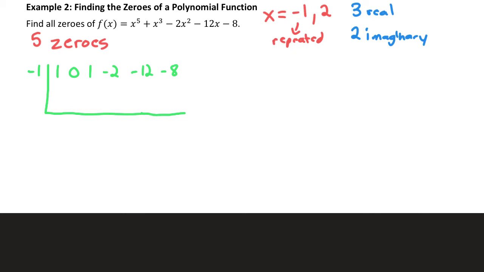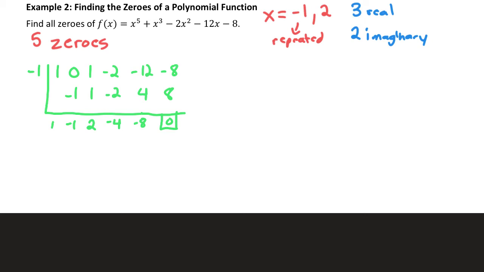So I'm starting with -1, and I'm going to run through that synthetic division. The main thing you want to notice here is if you're doing the synthetic division correctly, you will end up with a remainder of 0. So I broke down our polynomial once to get this result.